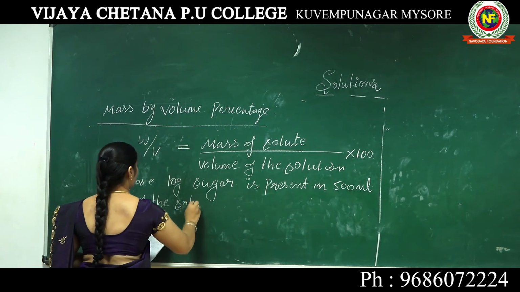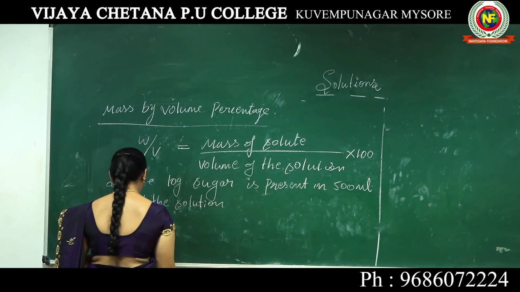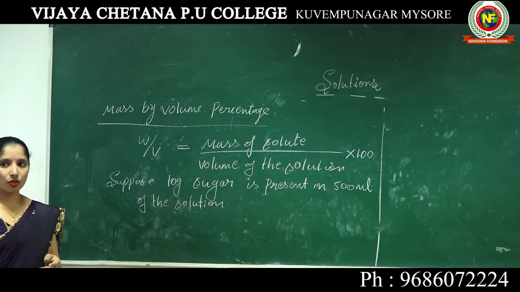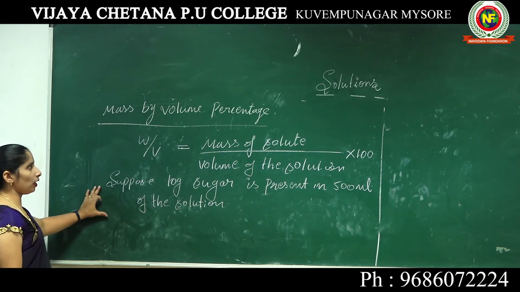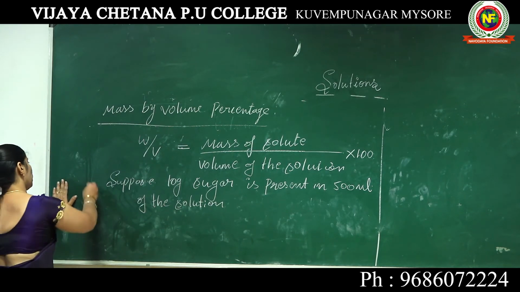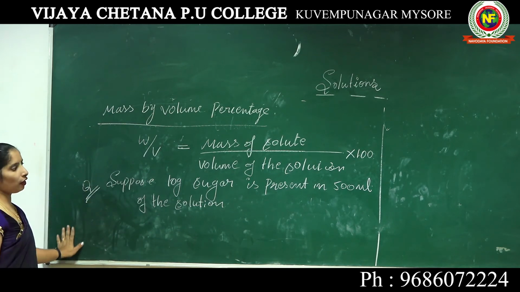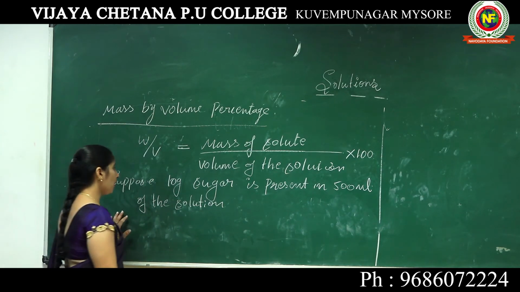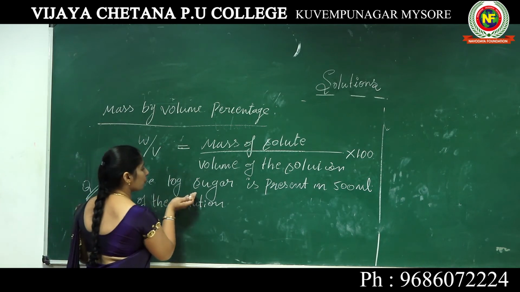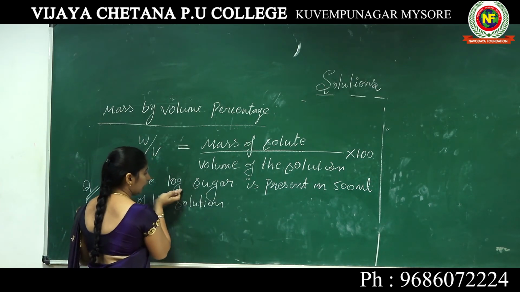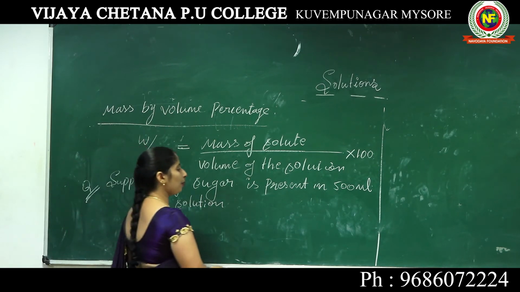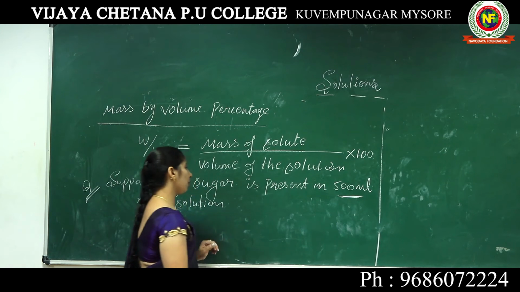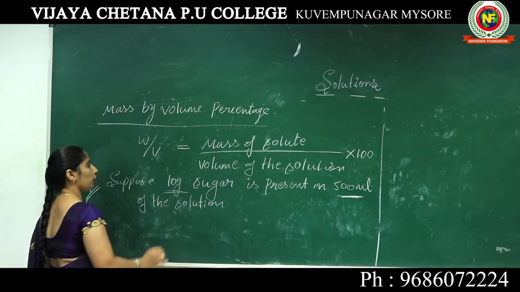Now you have to find out the mass by volume percentage. This is the question. Here, gram means the mass, and ml means the volume. Here they are giving the volume and the mass.